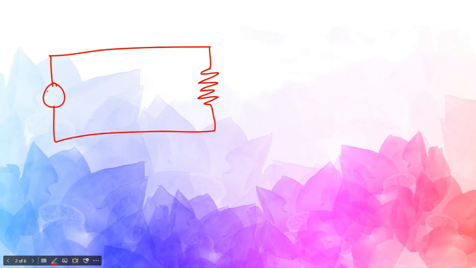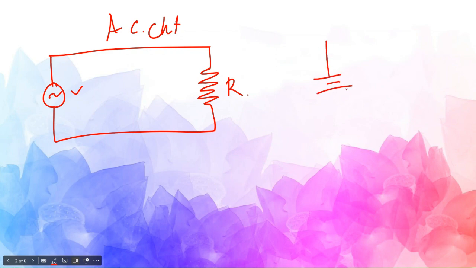Anyway, so this is a voltage source, AC voltage source, and this is a resistance. This is a resistance here, and this is called an AC circuit, CKT.